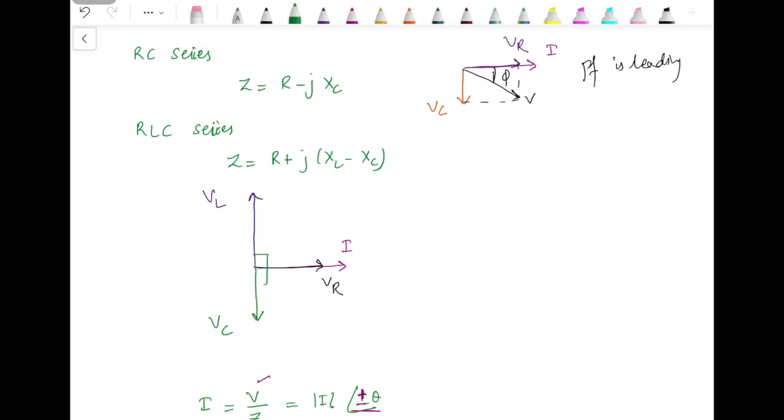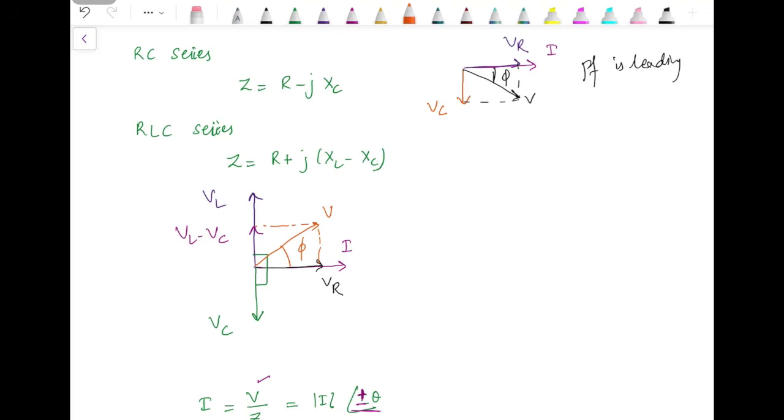Now VL and VC are at 180 degrees to each other. Depending upon whether VL is more or VC is more, we will have the resultant. In this case, it's clearly visible that VL is more than VC, so their resultant is in phase with VL, and then we get the resultant supply voltage of VR and VL minus VC as V, at angle phi.